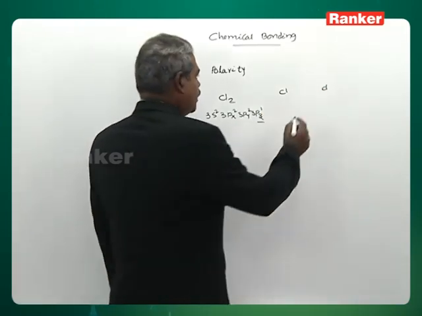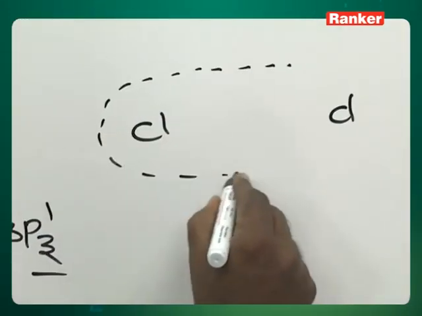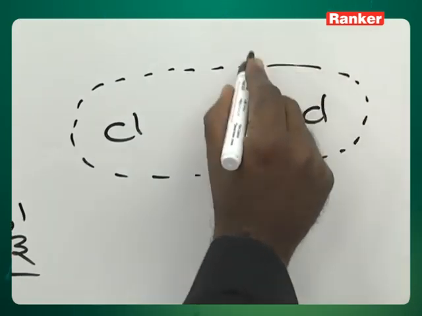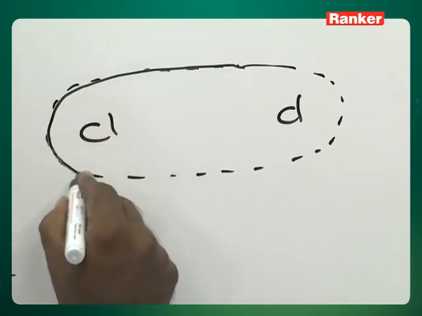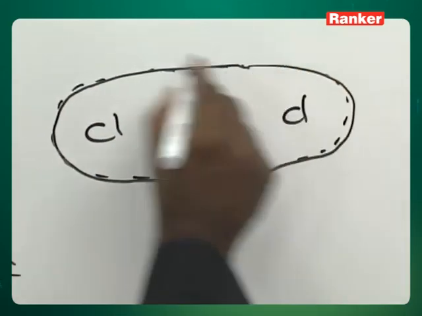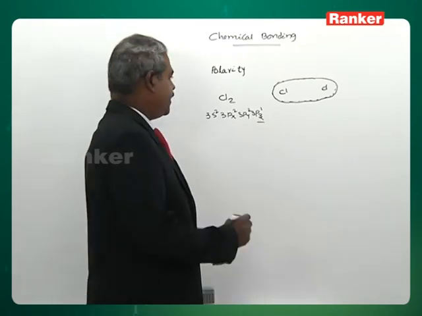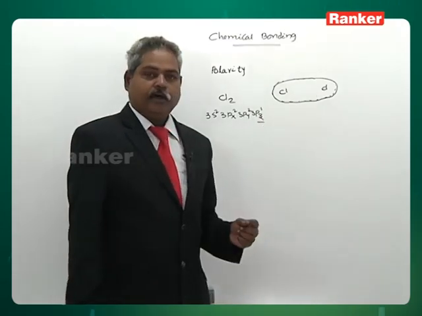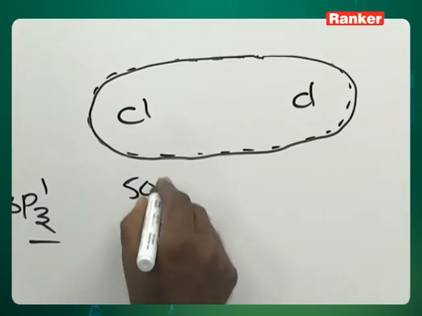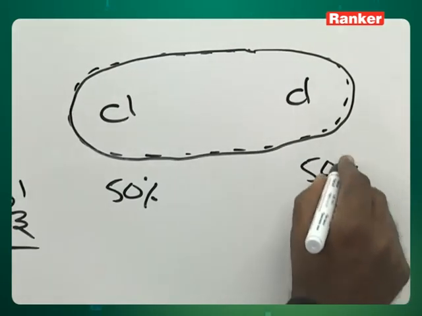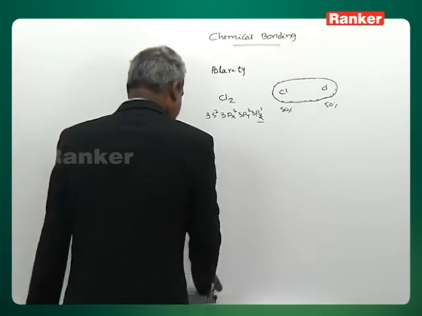So, the electrons will be revolving around both the nuclei. Look at the movement of my hand. They are moving uniformly, in the sense they are spending an equal amount of time around both the nuclei, 50% of the time here and 50% of the time here. Equal.